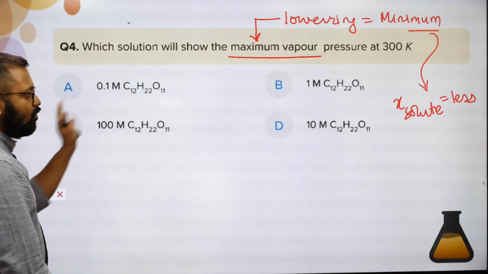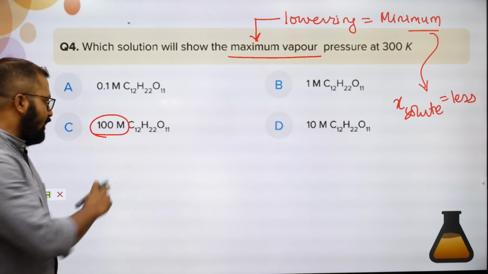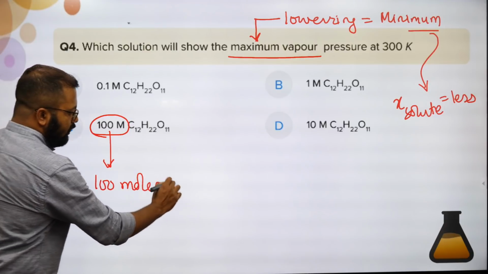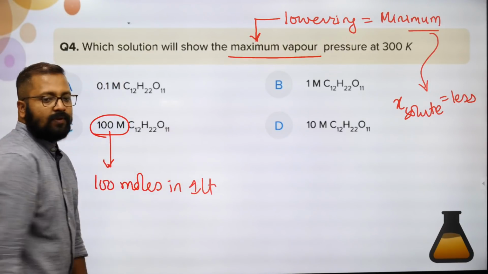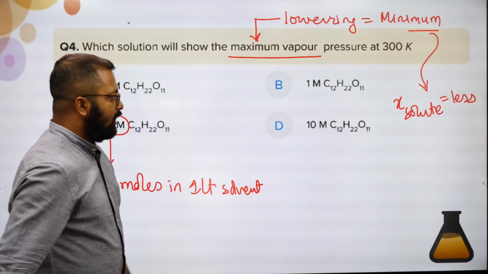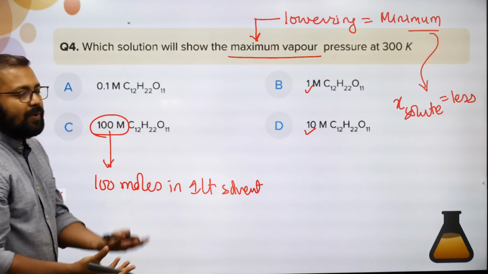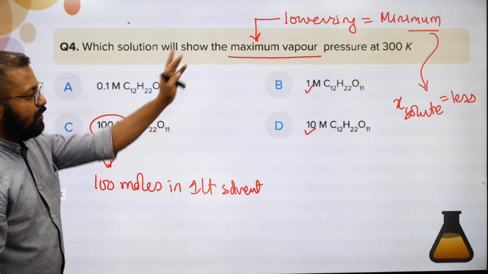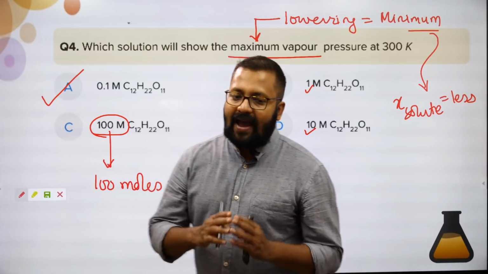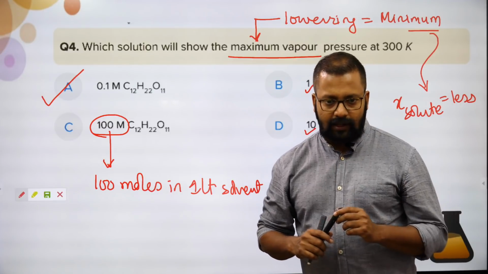What we can see is 100 molar solution. 100 molar means 100 moles in 1 liter solvent. 10, 100, 10, 1. This is 0.1. So minimum depression, minimum lowering of vapor pressure will be for this one. So this will have the maximum vapor pressure. Is it understood?